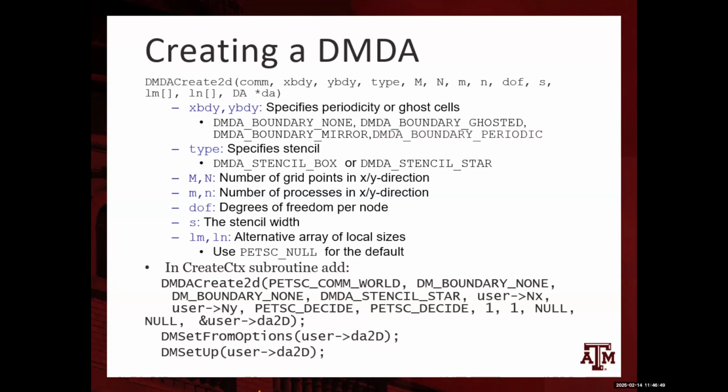So if you had, for example, a vector at each grid node, like velocity U1, U2, U3, you could set 3. Can I do 4 for pressure and velocity together? Yeah. For example, if you had pressure and U, V, W, you can have 4. Or if you had density as well, then you do 5, right?